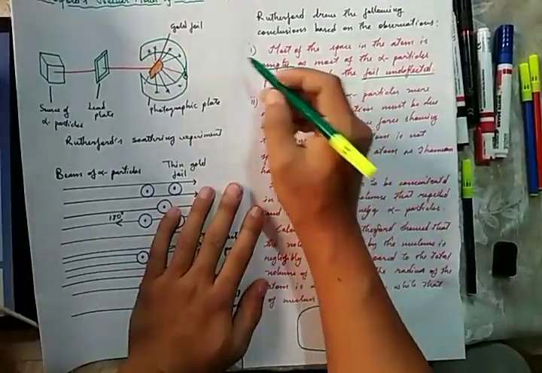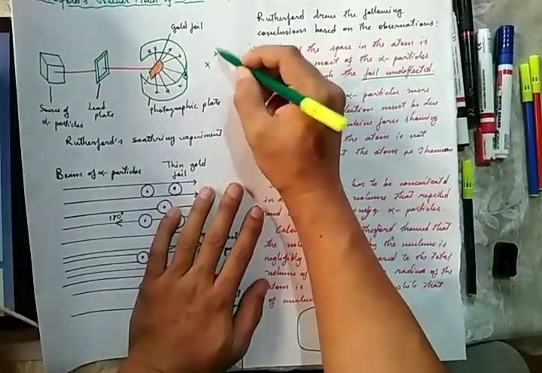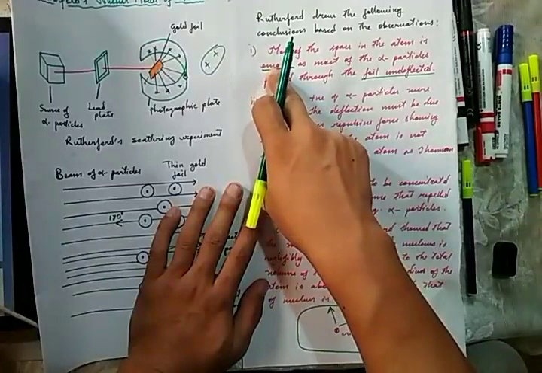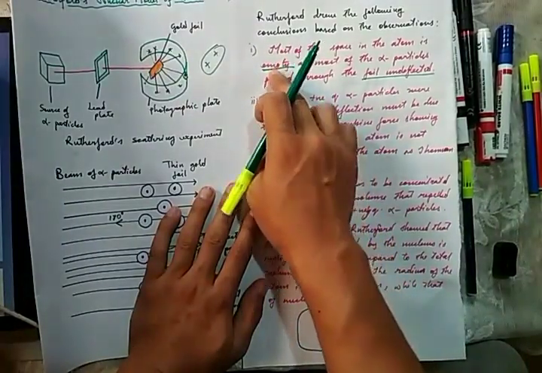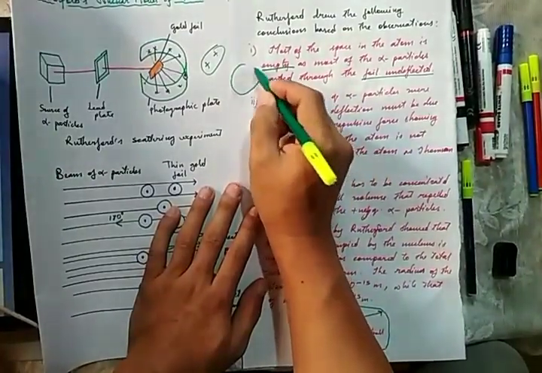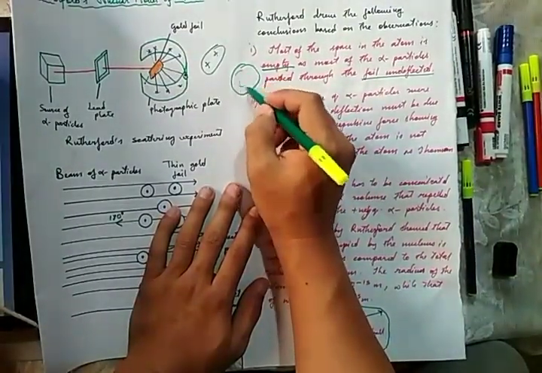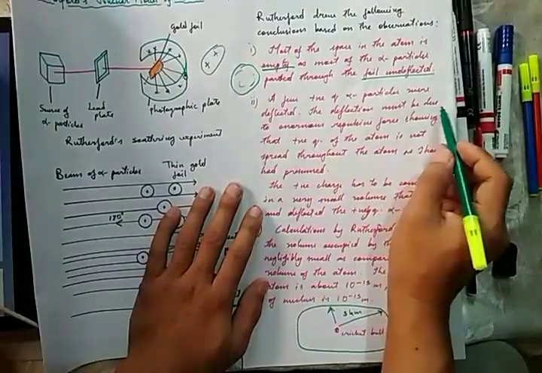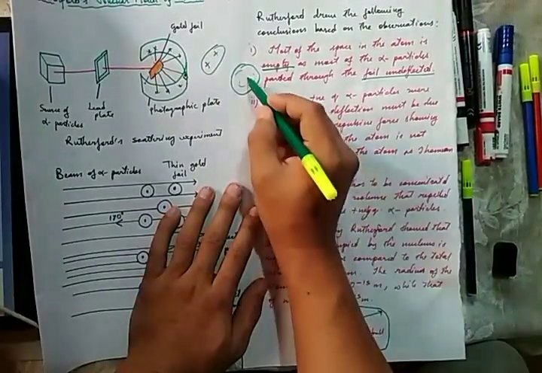As we have discussed before, positive charges repel. In the first point we discussed that most of the space in the atom is empty, and the deflection must be due to enormous repulsive force.